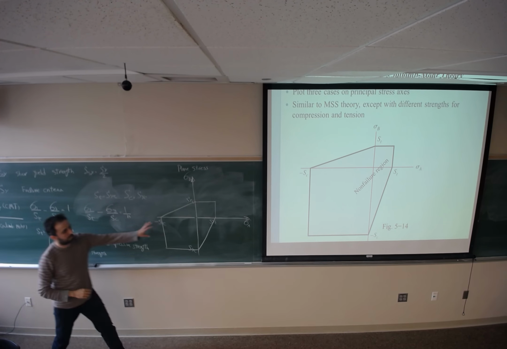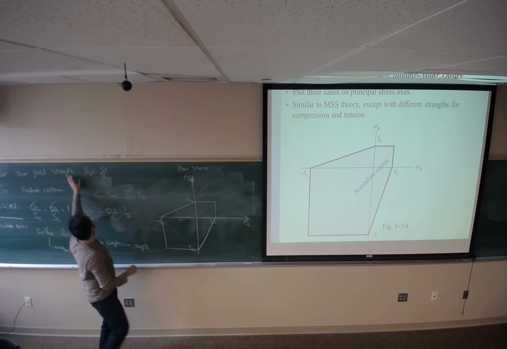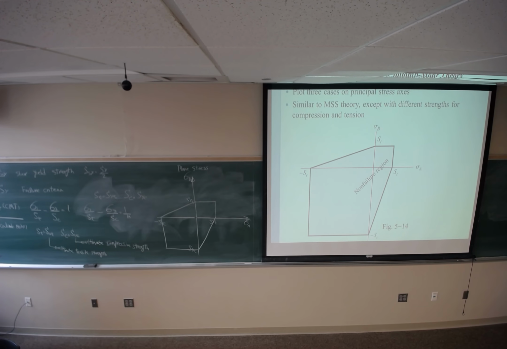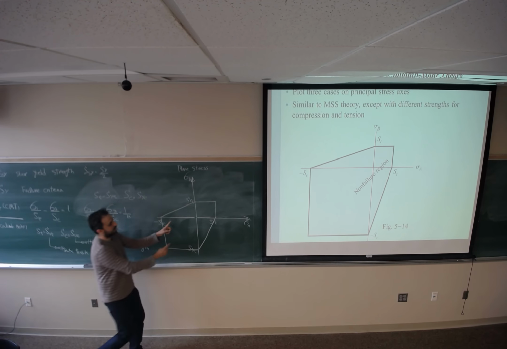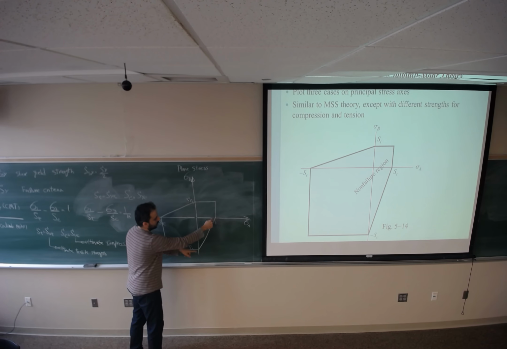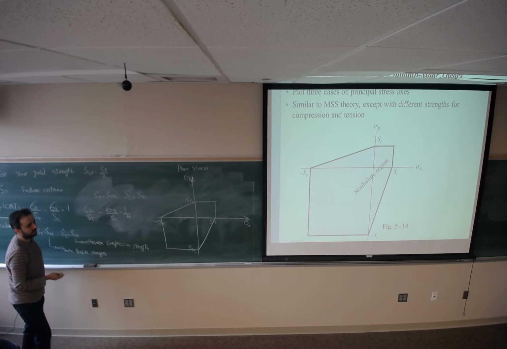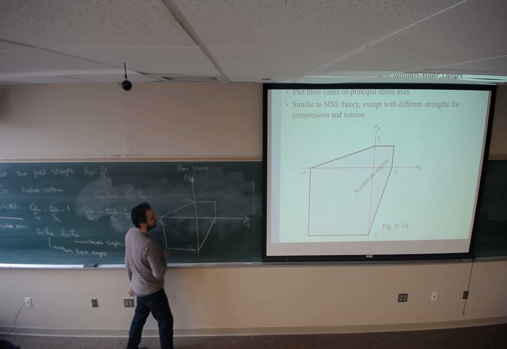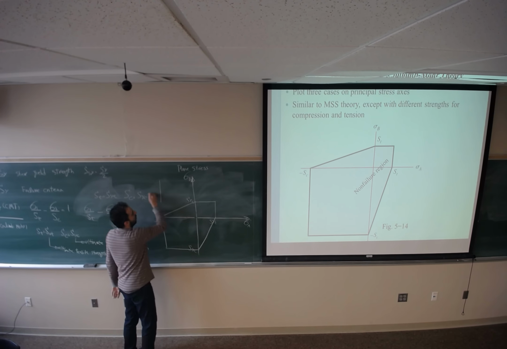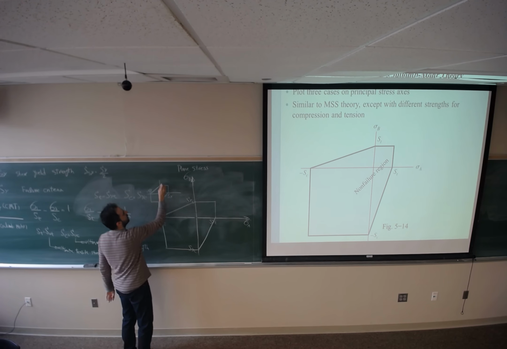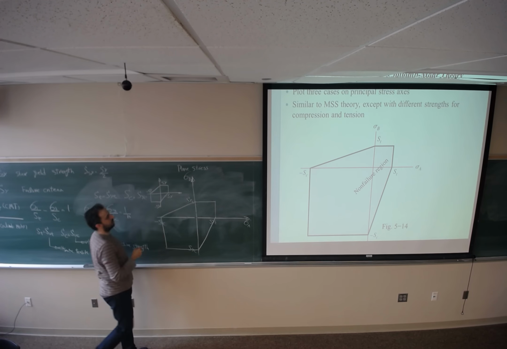It's similar to the maximum shear stress theory, except on the first one, SYT and SYC would be the same. So this line is going to have a 45-degree angle, or a slope of 1. Something like this: Sy, negative Sy, Sy, negative Sy. So this is the difference between these two.